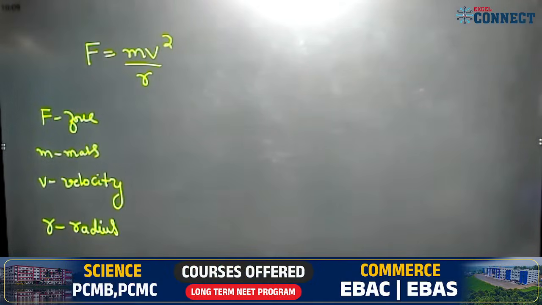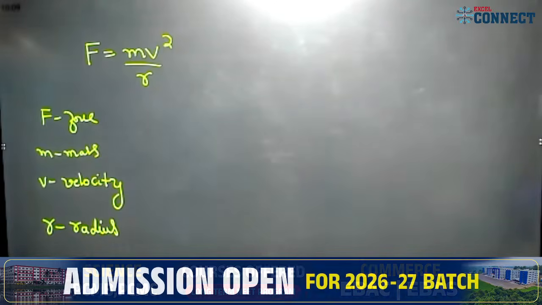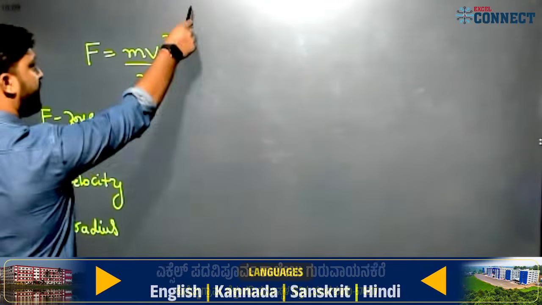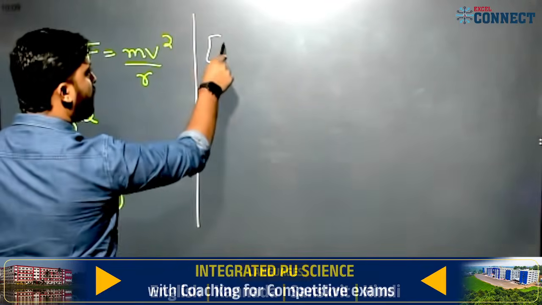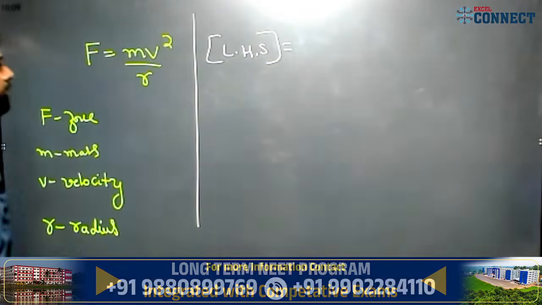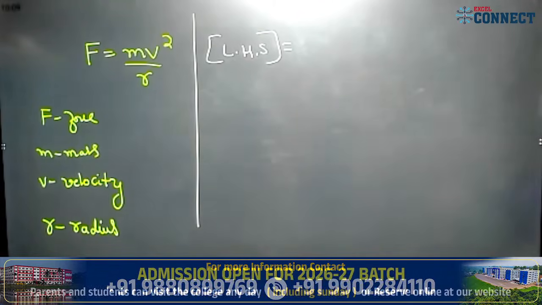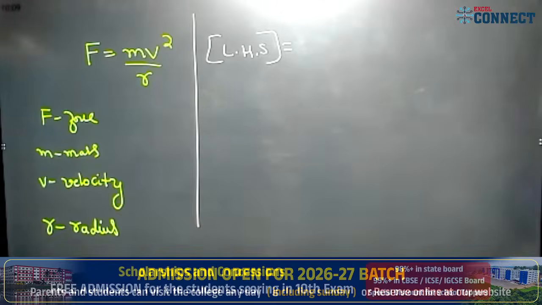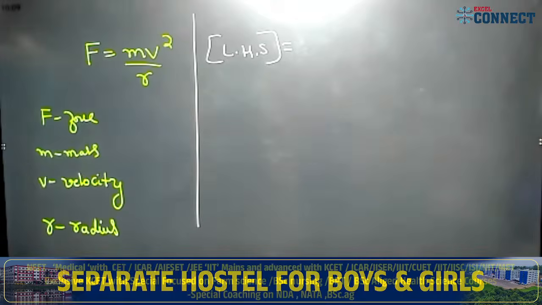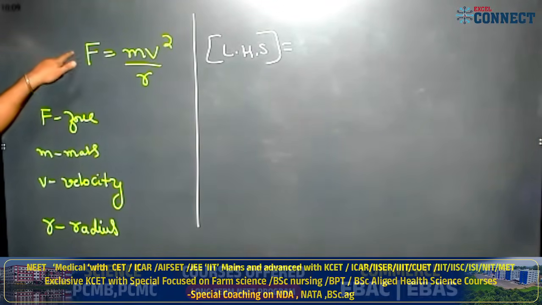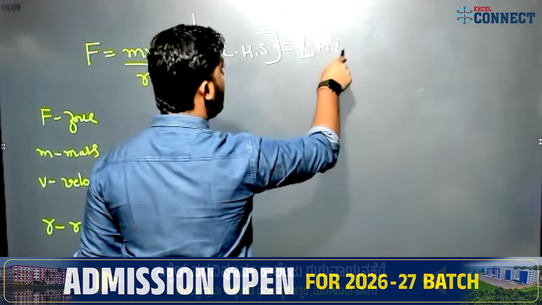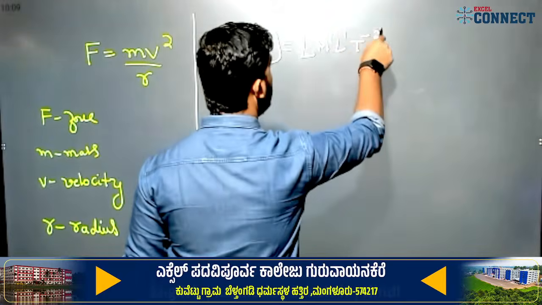How to check whether the equation is correct or wrong? What is the dimension on the left hand side? We have force, so the dimension is M1 L1 T minus 2.